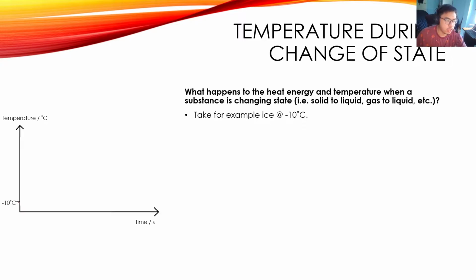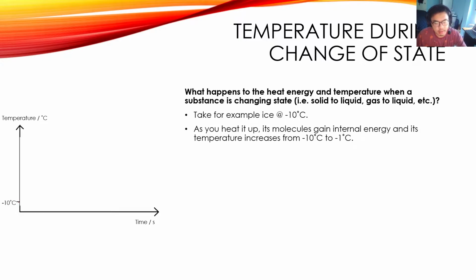And we will have a graph to show the temperature against time for this ice. So the ice started at minus 10 degrees Celsius. This y-axis will tell you its temperature, and this x-axis will tell you the time. So as you heat up this ice, what happens to it?